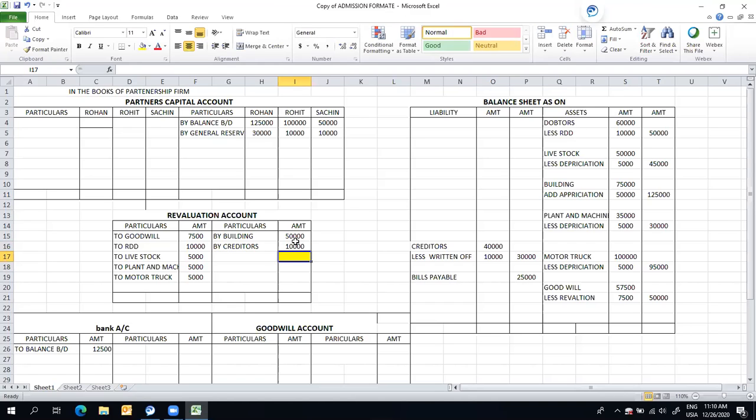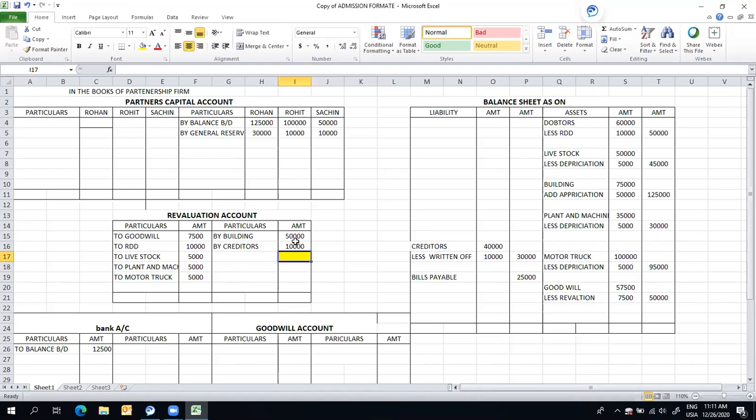Next, third adjustment. See the third adjustment. Rohan and Rohit contributed additional capital through net banking. Why they contributed additional capital? Because Sachin is going to retire. Sachin will take their capital, their reserve, their entire belongings from the business. बराबर, वो सारा का सारा अपना चीज लेके जाएगा.